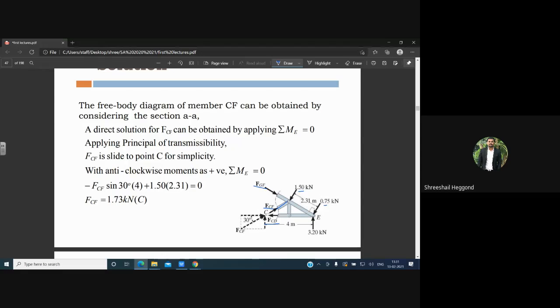By applying moment about point E equal to 0, at first you will have a 0 value because of FGF, as it is lying on the E point, and CD is also in the same line. Therefore, for both members, you will have 0. Only the unknown will be CF, so directly you can calculate CF. Summation of ME is equal to 0. Calculate quickly and post your answer.